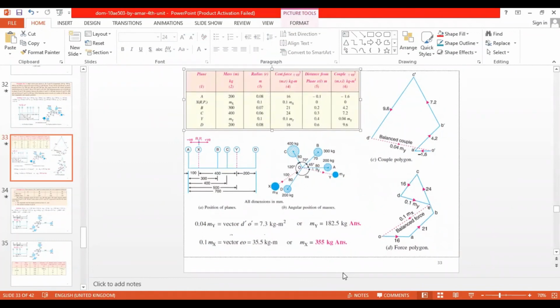Start from there, and while drawing the polygon, consider the negative signs. Once you have done that, you will find an answer. Replace that answer in the force polygon if you started with the coupled polygon, and then draw the diagram for the force polygon and you can get the answer. Okay.